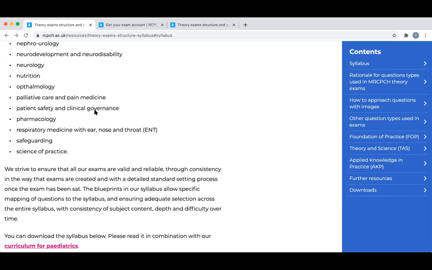Another important thing in pharmacology is side effects. As I already said, salbutamol side effects, ipratropium bromide side effects, steroid side effects, metformin side effects, insulin side effects: these are frequently coming questions, and very favorite questions in MRCPCH.